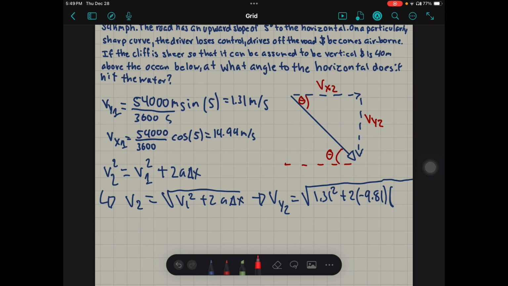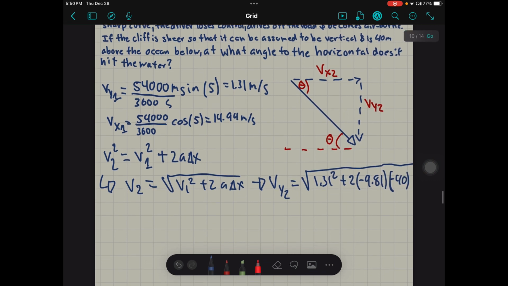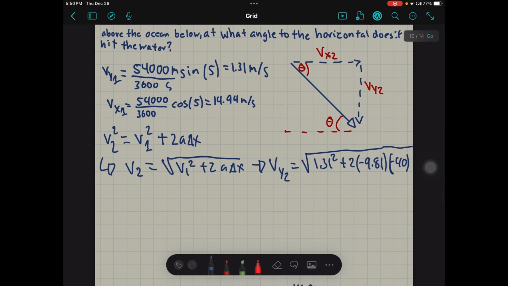Because you're going down, you're going to use the negative 40. So we plug that into our calculator, and we get Vy2 equals 28.04 meters per second.